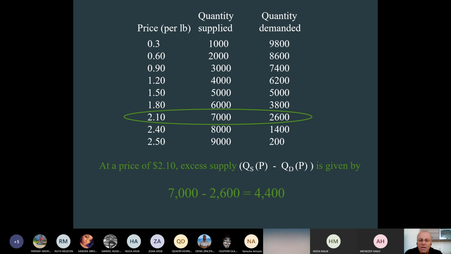When you multiply each of these, 7,000 multiplied by 2.10 minus 2,600 multiplied by 2.10, it will give you a positive amount, which indicates there is a surplus in the system, and this is not good for the economy.